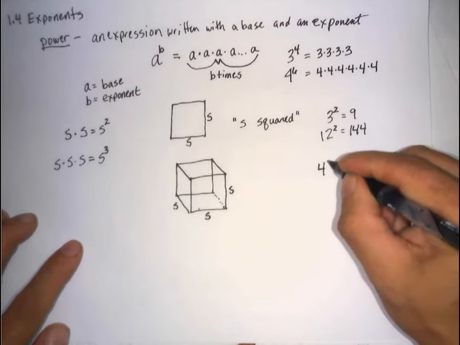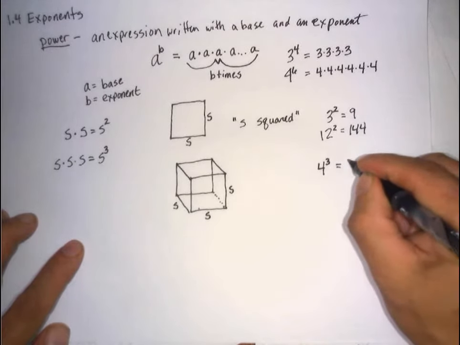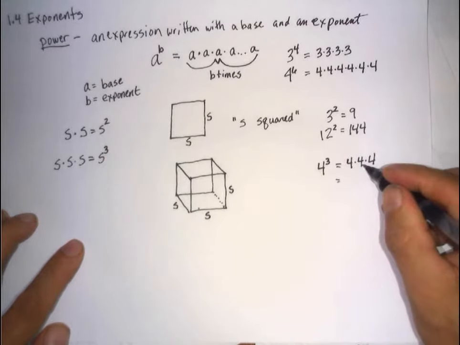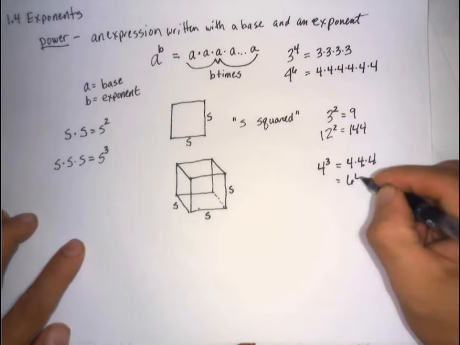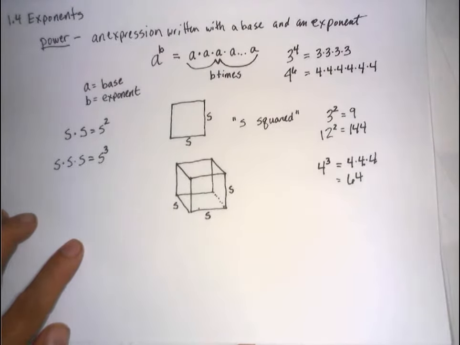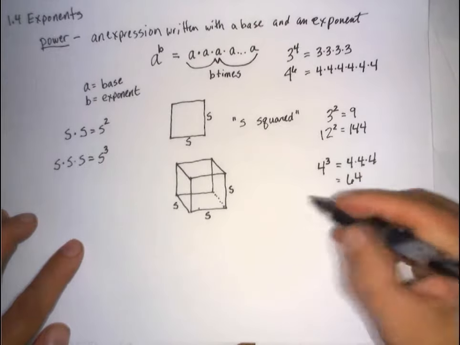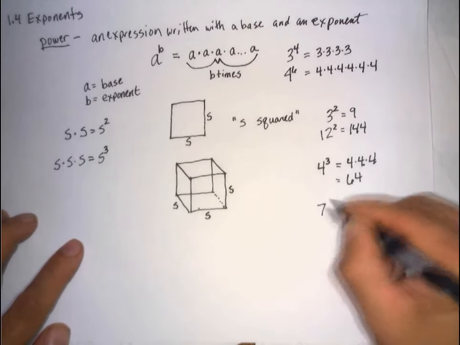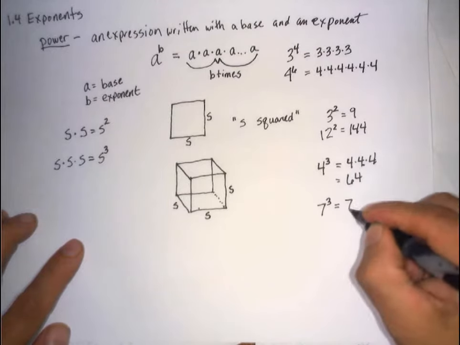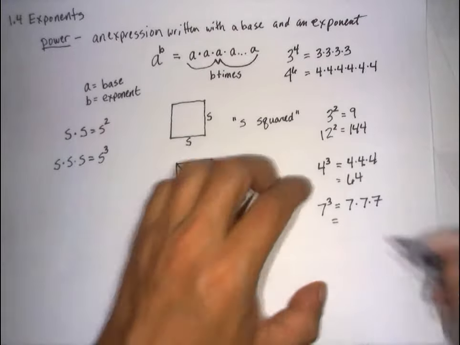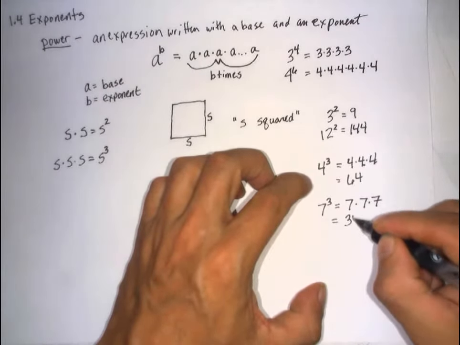So if s was 4, 4 cubed is 4 times 4 times 4. 4 times 4 is 16, and 16 times 4 is 64. So there would be 64 unit cubes inside this big cube here. In other words, 64 1 by 1 by 1 cubes. I'm not going to do 12. What about 7 cubed? It's 7 times 7 times 7. 7 times 7 is 49, and 49 times 7 is 343.